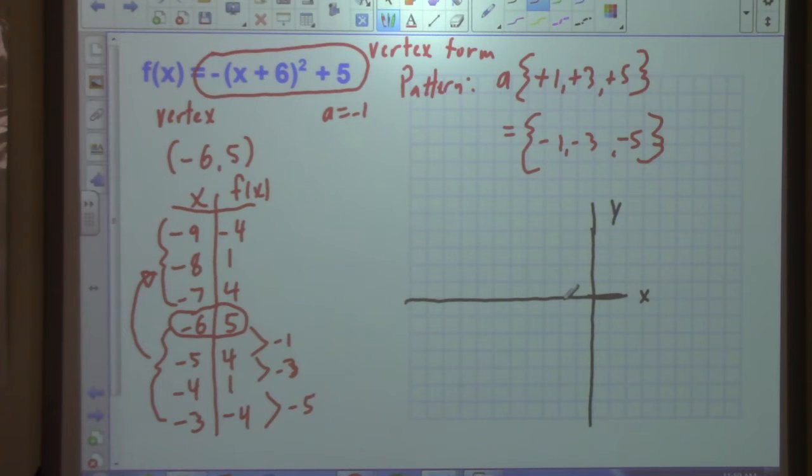So -1, 2, 3, 4, 5, 6, and up 5. And then we have the -1, -3, -5. So instead of going to here, I can just go to the graph, can't I? Go 1 to the right, down 1. Go 1 more to the right, down 3. Go 1 last more to the right, down 5. 1, 2, 3, 4, 5.